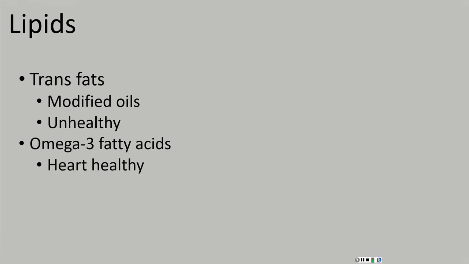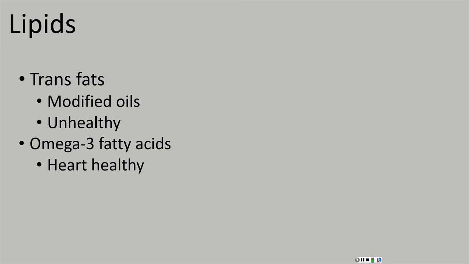Two other terms that you've probably heard are trans fats and omega-3 fats. So I just want to talk about what they are real quick, but we're not going to spend a lot of time on those. These are both triglycerides. Trans fats are oils that have been modified so that they are solid at room temperature.